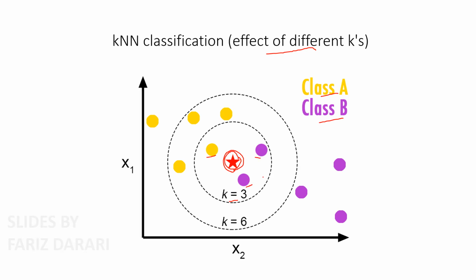And if you can see, the most common label would be the purple one. So when k is 3, the new data point will be labeled as purple, right?